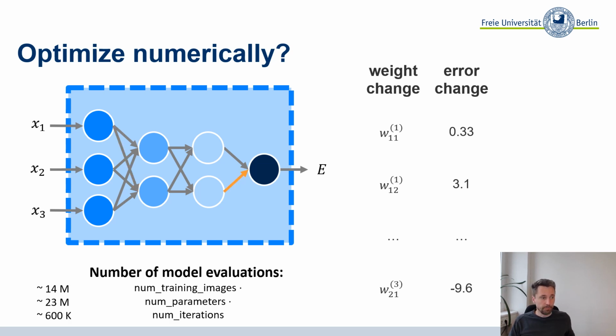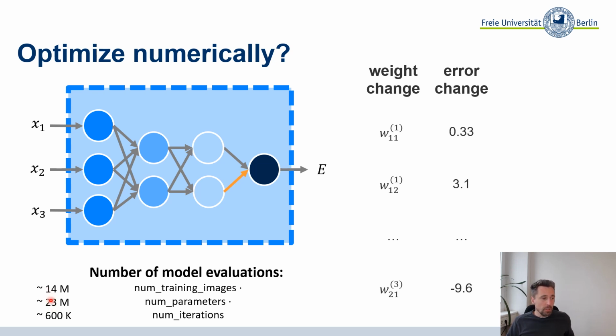Now the problem here is that this is very, very expensive. So think of big data sets, image data sets, for example, ImageNet. They come with 14 million samples. Here in this example, it's a small network by today's standards.